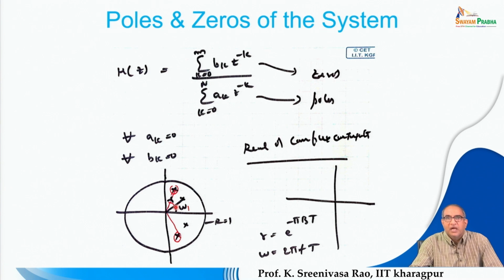of oscillation, and the radial distance of the root from its origin, r, is nothing but e to the power minus pi B T, where B is the bandwidth offered by the complex conjugates, because a pair of poles will offer a complex conjugate that will give you a frequency, the angular frequency, and we will see how the roots look like.